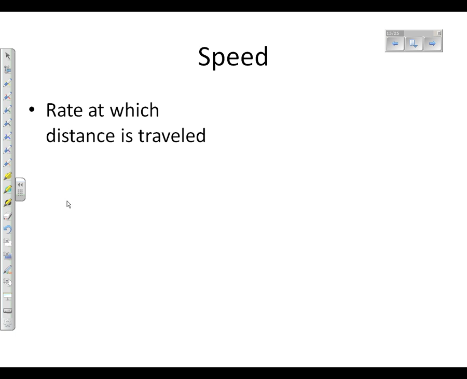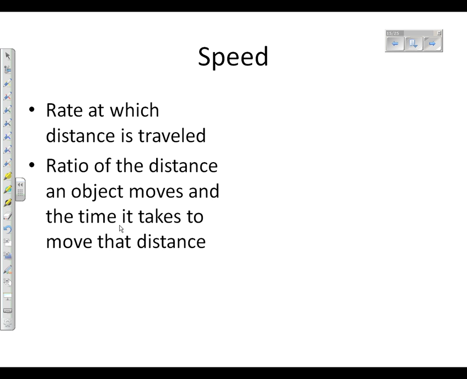And in this case, speed is the ratio of the distance an object moves, so distance traveled, and the time it takes to move that distance. When we describe something as a rate, that implies that there's a time factor in there. Speed, specifically, is the ratio of the distance traveled and the time it takes to move that distance.